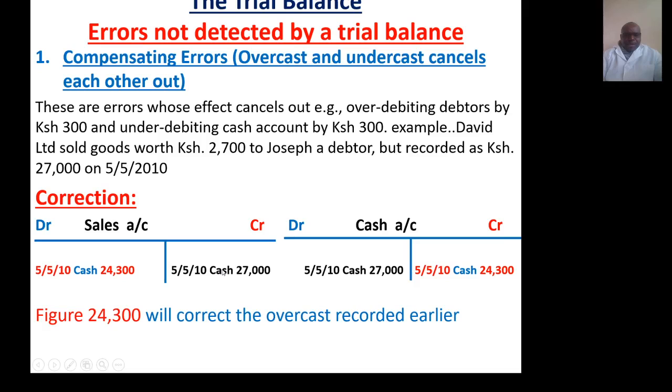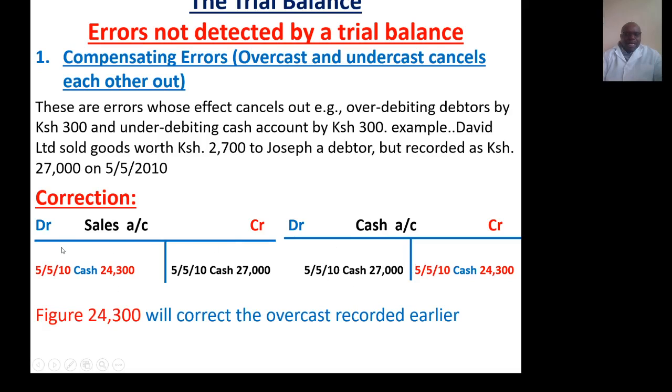So the original transaction was recorded as per the black items here. So the sales account was credited with 27,000 cash, and the cash account was debited with 27,000. But the actual figure should be 2,700.